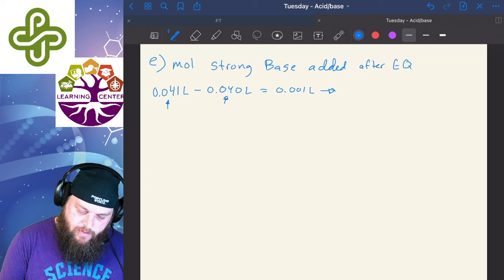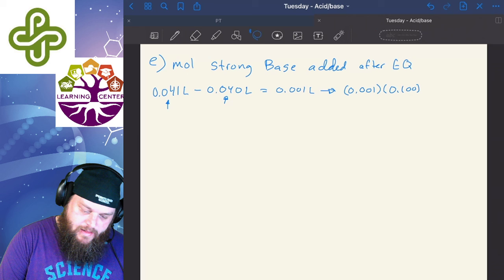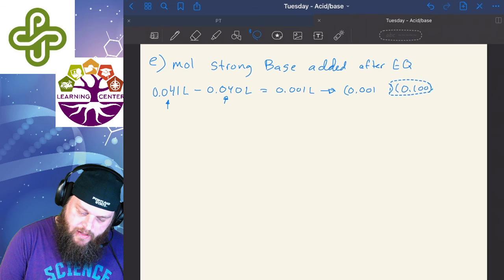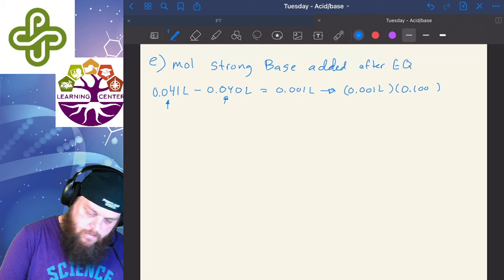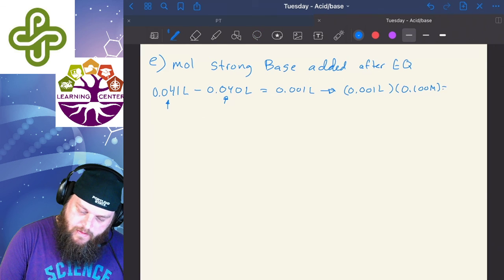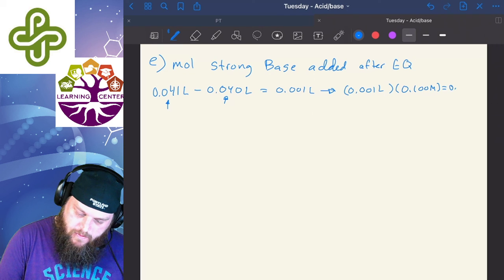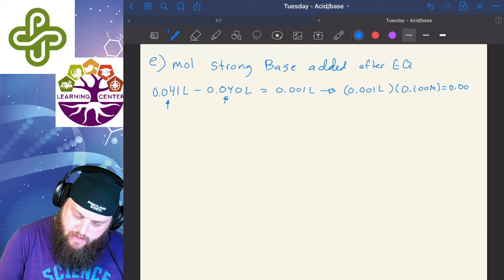So if we were to multiply that by 0.001 times 0.100, because that's liters times molarity, this is going to equal then our moles, 0.0001 mole.